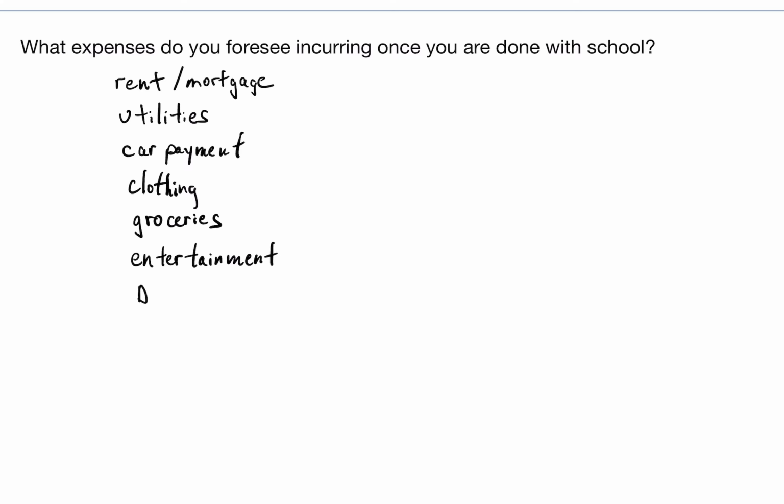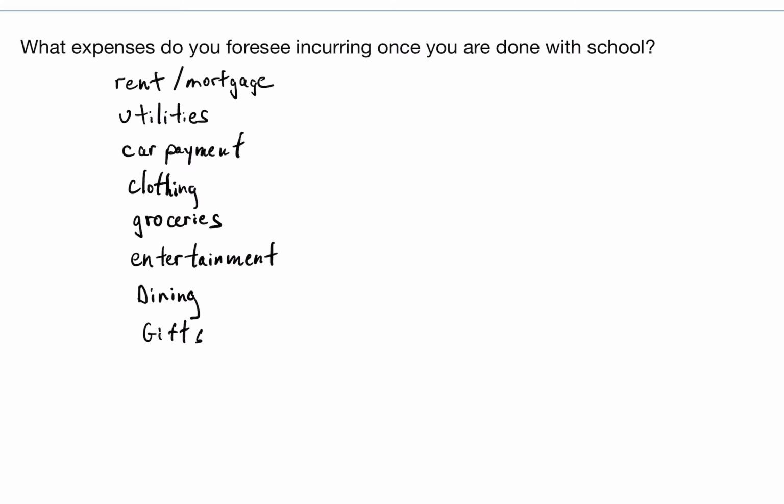There's also dining expense. You may want to go out and eat. And then you'll incur expenses like gifts, right? So you're going to go to weddings and birthday parties and so on and so forth. So what I've listed is 1, 2, 3, 4, 5, 6, 7, 8 expenses.